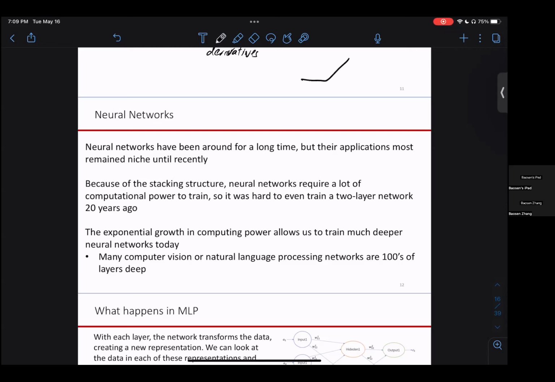Really, it's because of computational growth. Nowadays you have language models that are hundreds of layers deep. Training one such neural network requires more computation than all the computing in the 1990s had. So it just comes from the growth of computation.